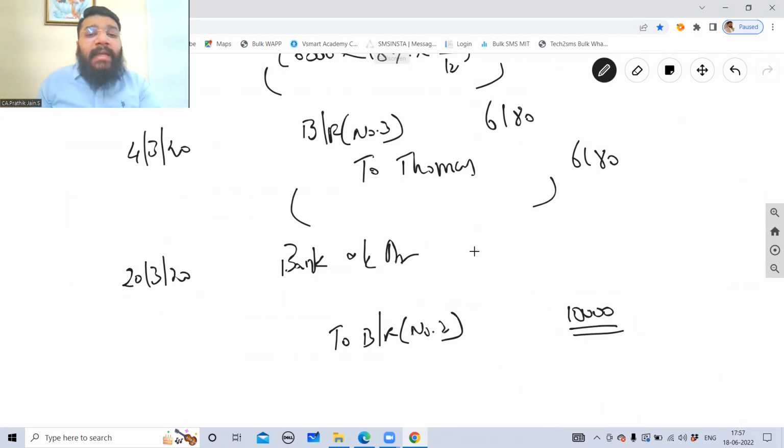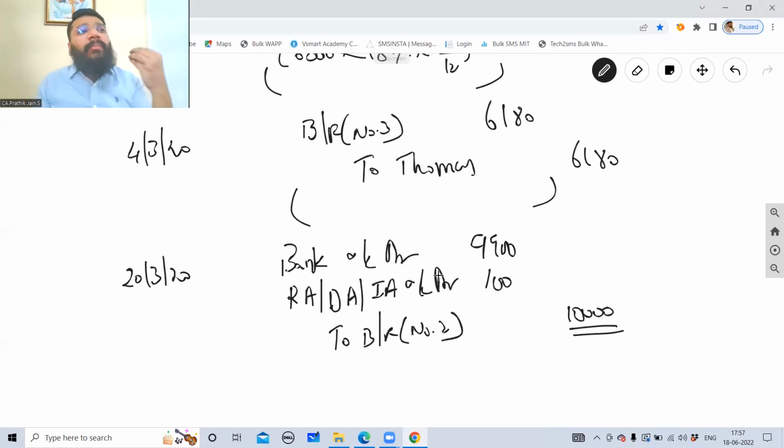No. From that, 100 rupees is deducted, or you're giving it as a discount. You ask him to minus that amount and give the balance. So how much effectively is coming to your bank account? 9,900. So balance 100 is what? Rebate allowed, discount allowed, interest allowed. Whatever name you like, you can keep it. Any problem here?